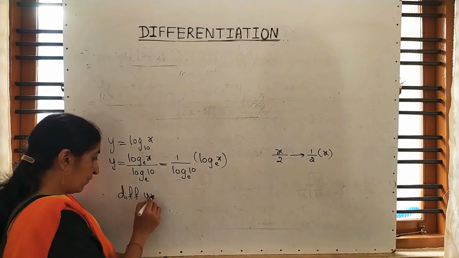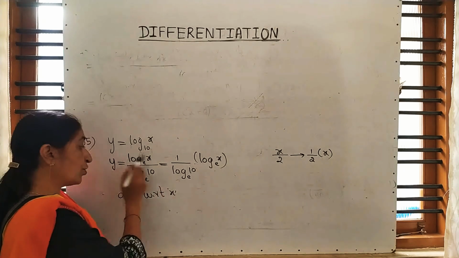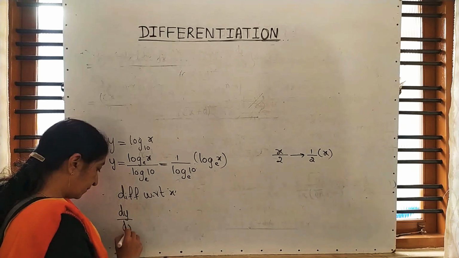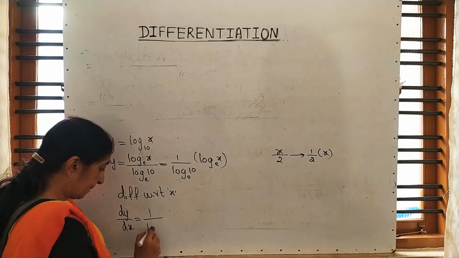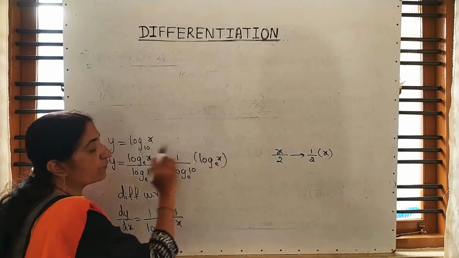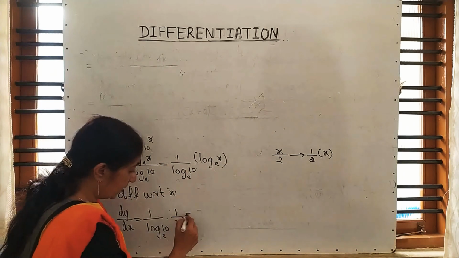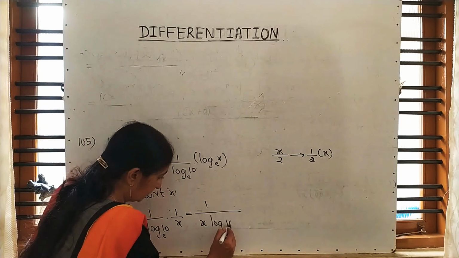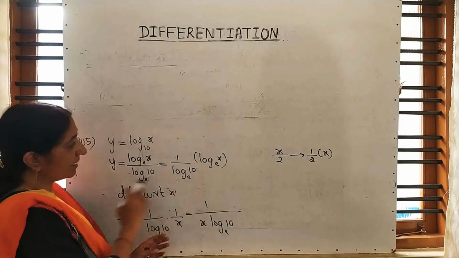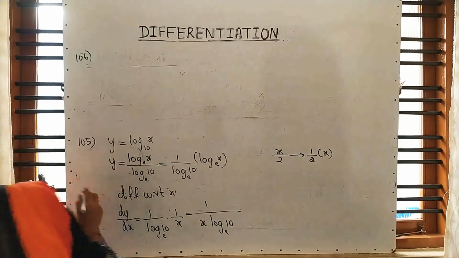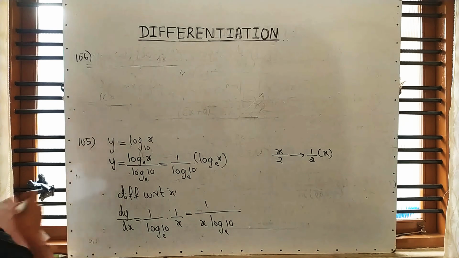And for verification, if you want, you can go for u by v method. There also you will get the same answer. Into 1 by x, because differentiation of log x to the base e is 1 by x. Finally, you can write like this. This is also correct, I just did the modification. I rewrote that answer, only that much. Next question.